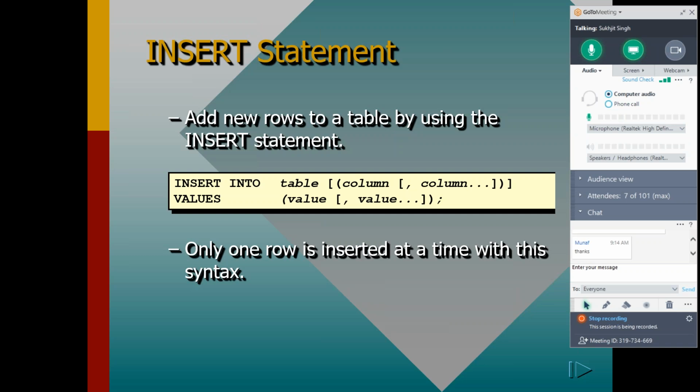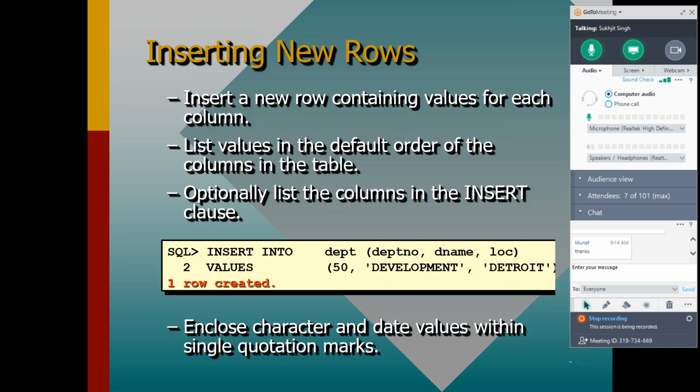So we must, excuse me, we must provide with each column name, we must provide a value for it. And we can only insert one row at a time, like you see here.